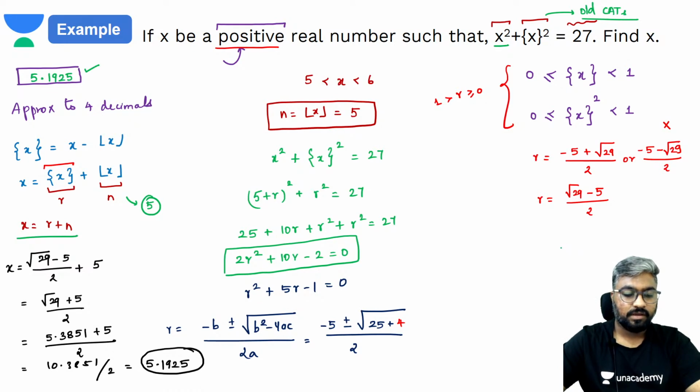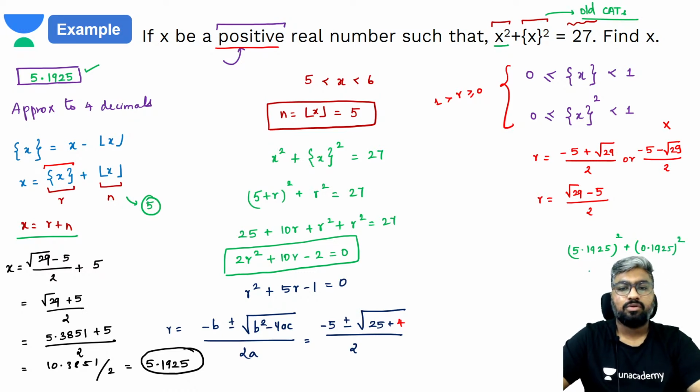5.1925. What is the square of 5.1925? So if I say 5.1925 square plus 0.1925 square, correct? 5.1925 square is 26.96 and 0.1925 square will be very close to 0.04.